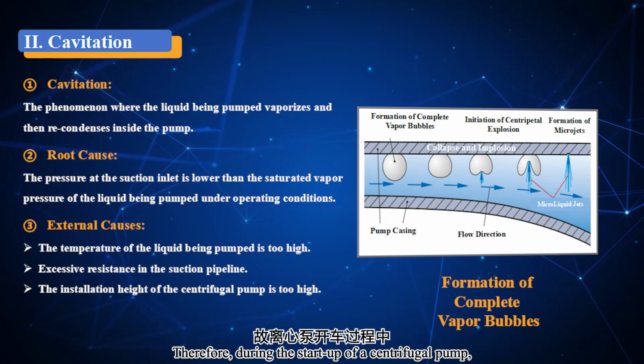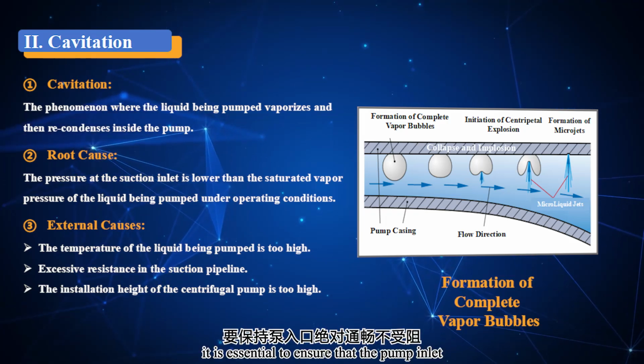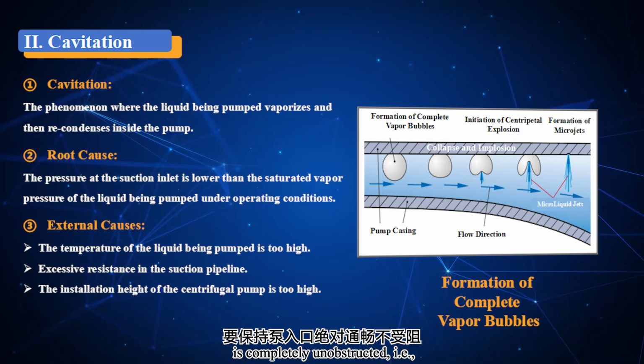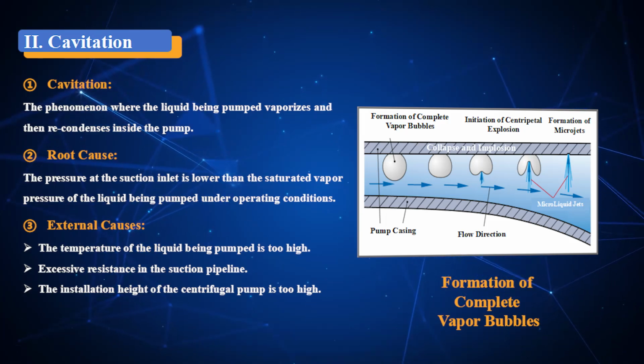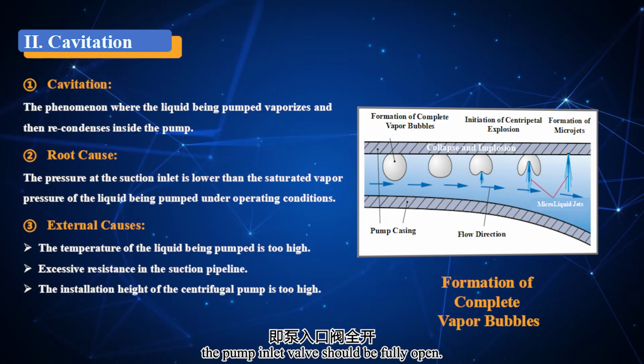Therefore, during the startup of a centrifugal pump, it is essential to ensure that the pump inlet is completely unobstructed. That is, the pump inlet valve should be fully open.